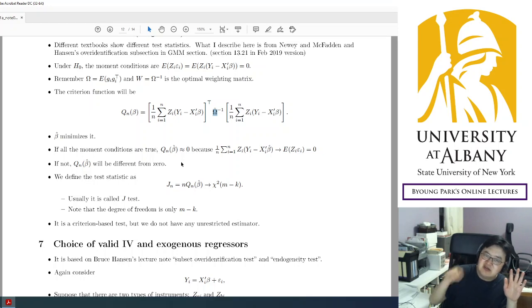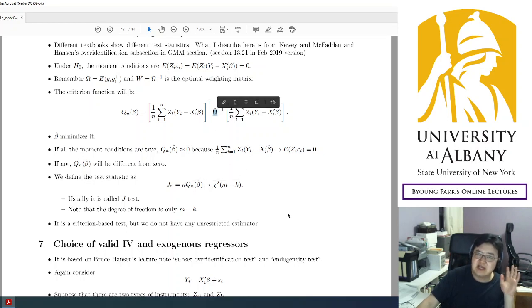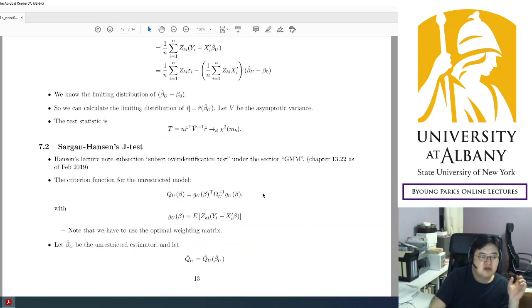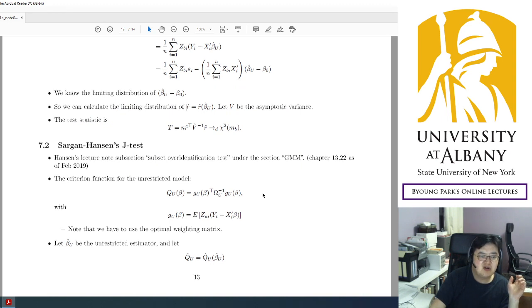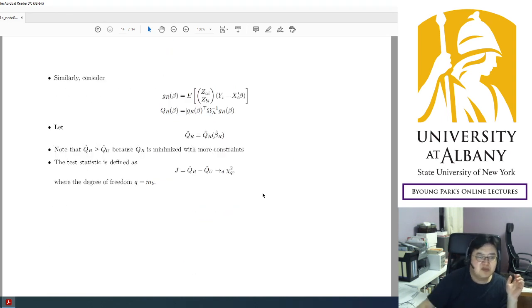So we have to handle this square root of n, and that is multiplied here explicitly, assuming that omega hat does not control for the square root of n. But in here, I am implicitly assuming that the square root of n is handled by the variance.